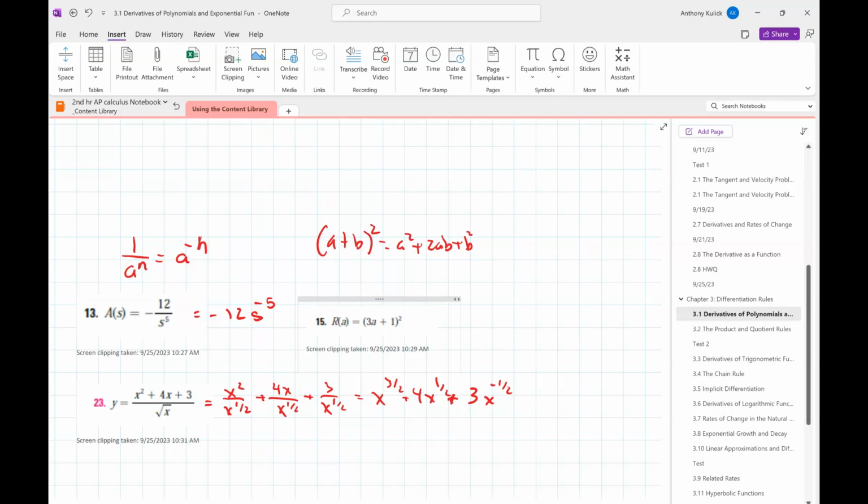I think you're forgetting the coefficient, right? So the next one would be 2x to the 1, and then this one negative 1/2, and then minus 3/2.